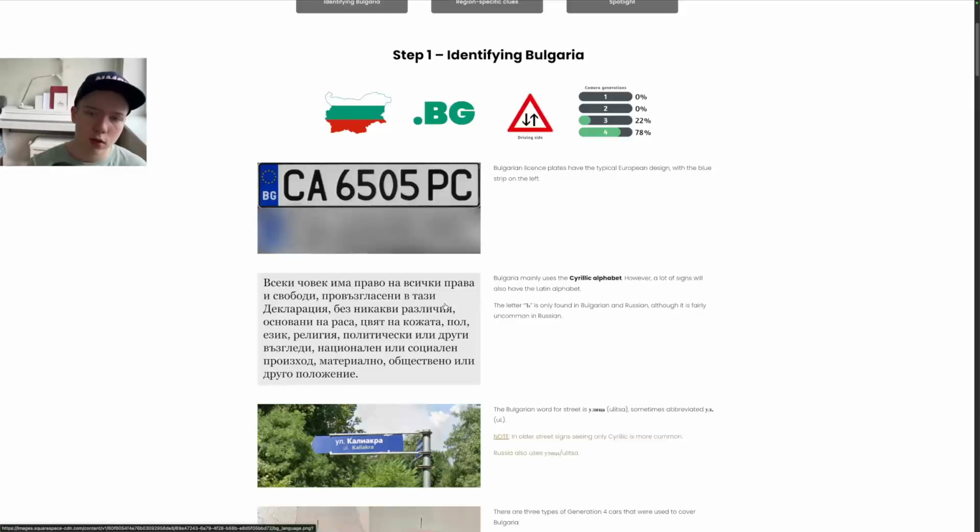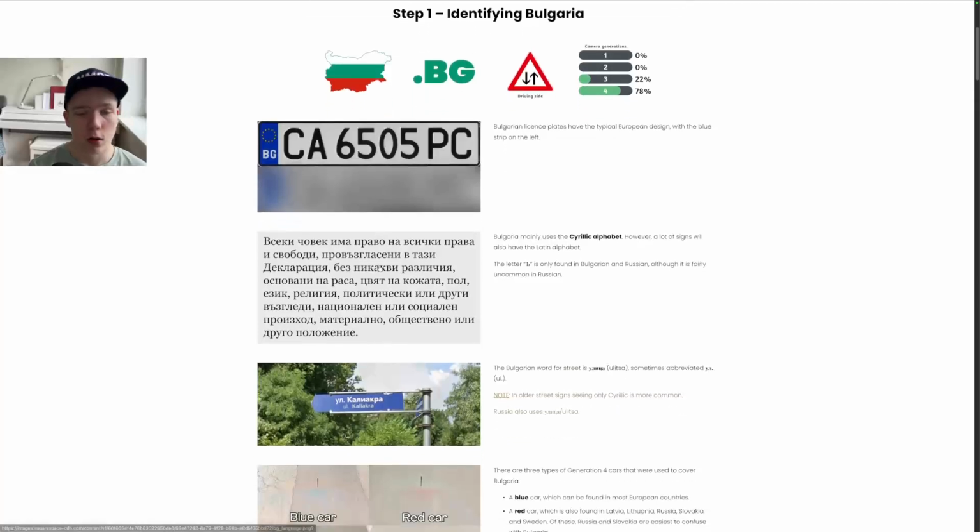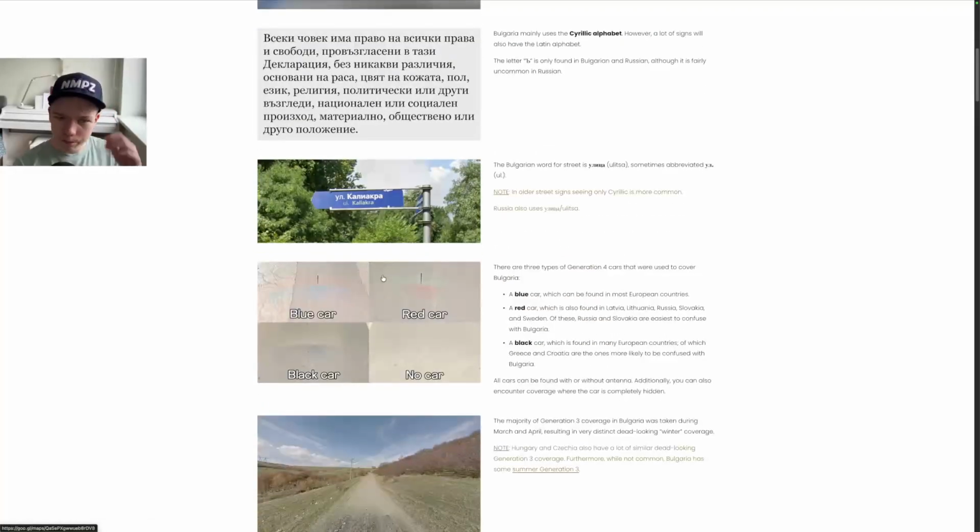But it is worth noting that this letter, well, you can't really call it a letter, is found in Bulgarian and Russian, but it's really uncommon in Russia, while you can sometimes see it in Bulgarian. So if you see this letter, then it's quite possible that you are in Bulgaria, not Russia.